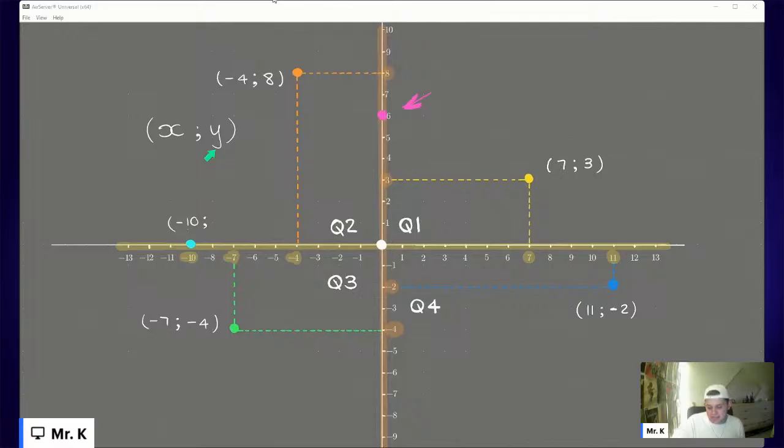but then I still need to identify the y value. What height am I sitting at according to my orange line? My y-axis, grade 7s. Am I on the ground floor? Am I on the first floor? Am I in the third basement? If I am sitting on this x-axis, it means that I am perfectly in line with ground level, right?